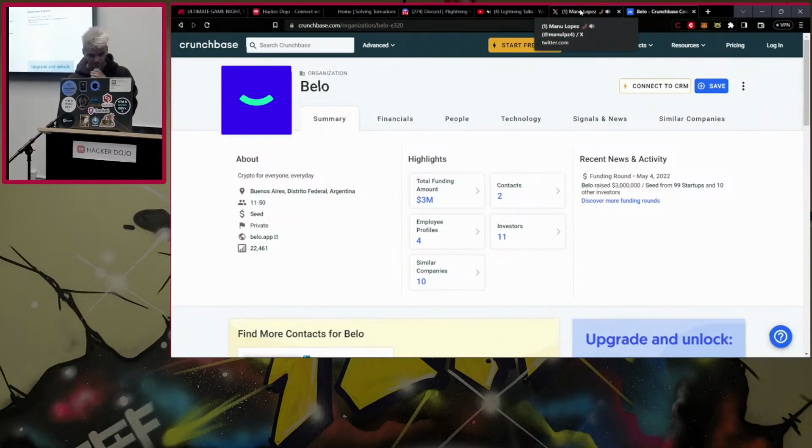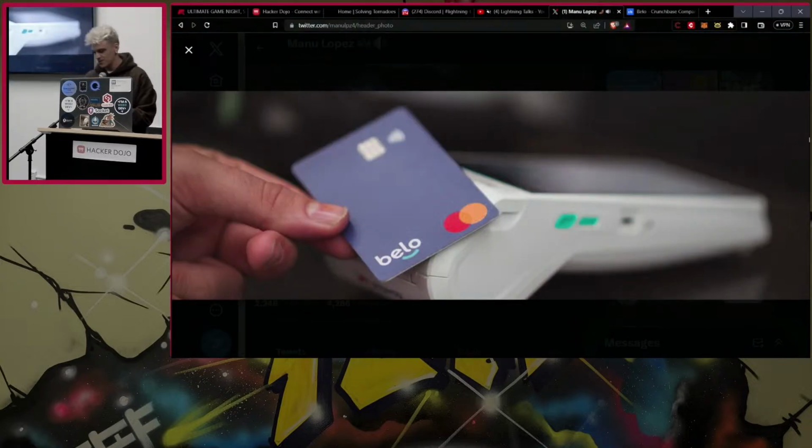Oh, that's Crunchbase. Yeah, it's a spoiler. No problem.